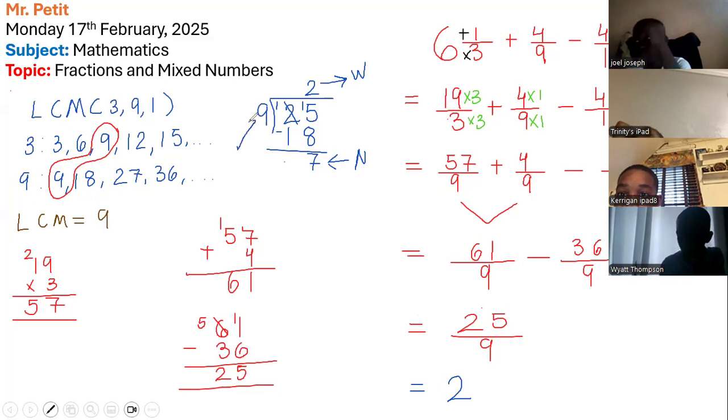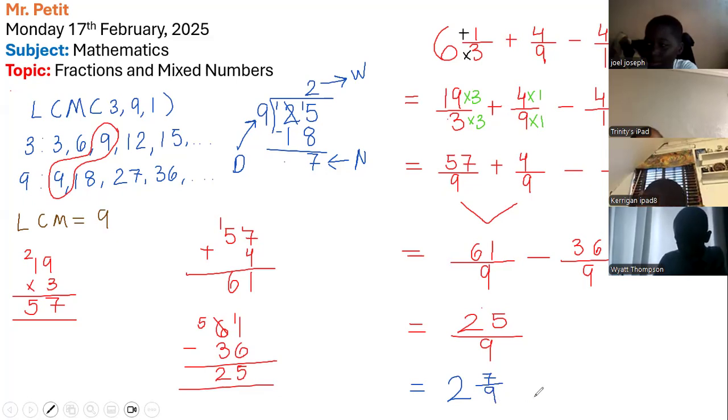And the denominator? 9. Very good. So 2 and 7 over what? Over 9. 2 and 7 over 9.